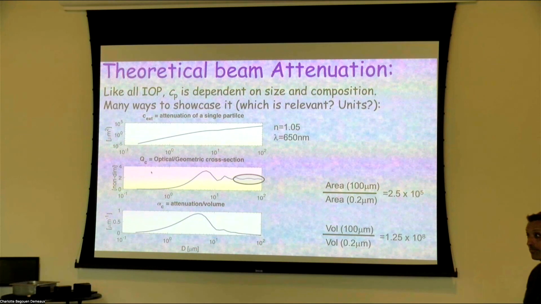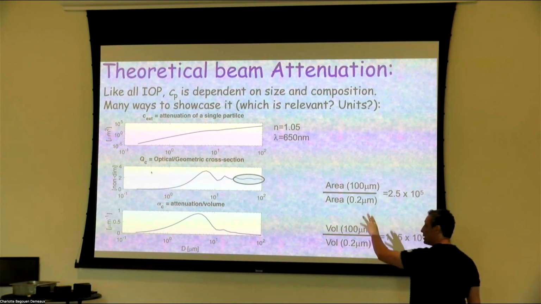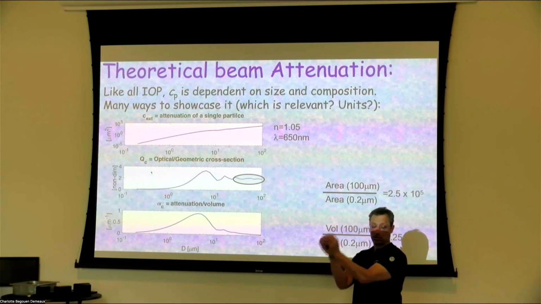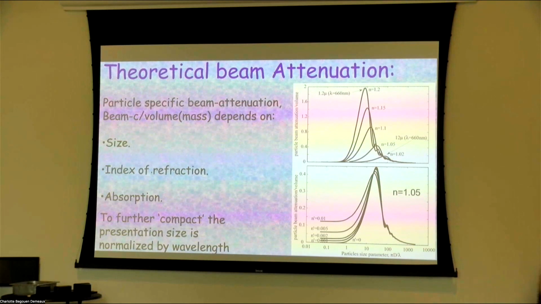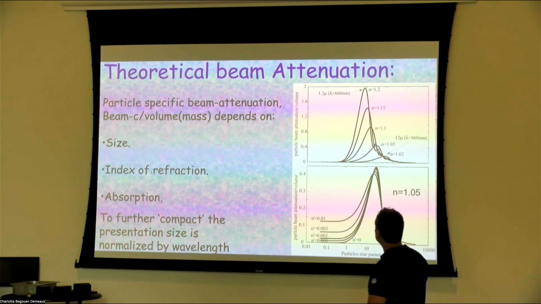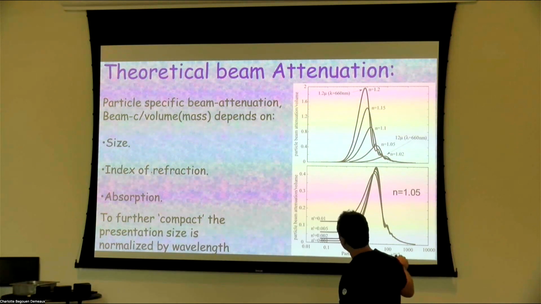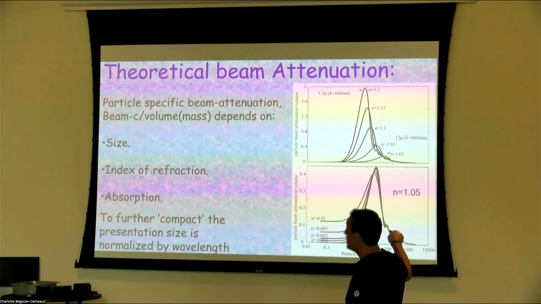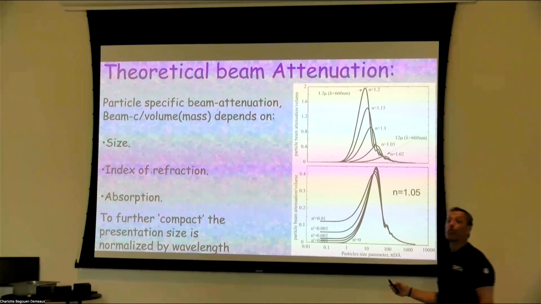So different sizes will give you different responses. Okay, remember that. And this is for solid particles that are spheres, but that sphericity is not a big factor here. Now I can look at this divided by volume, so particle beam attenuation divided by the volume. I'm looking at the same wavelength as before, but for particles of different composition.